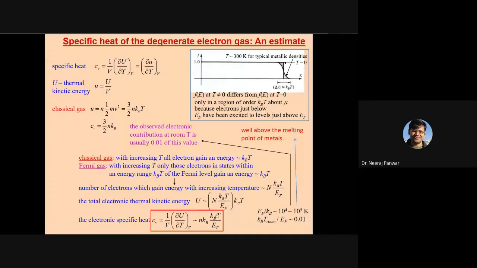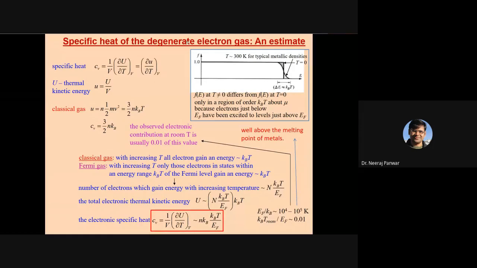With this expression, we get the specific heat associated with each electron that is 100 times smaller than what is predicted classically or by the Drude model. So Sommerfeld very correctly explained the contribution of electrons to the specific heat.